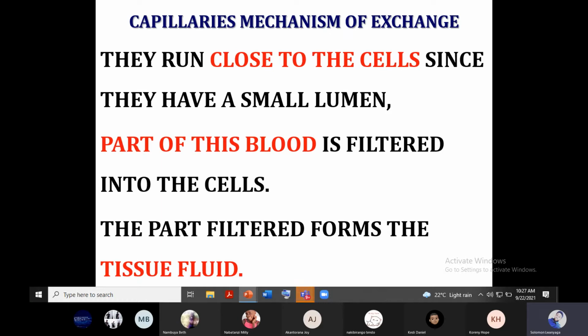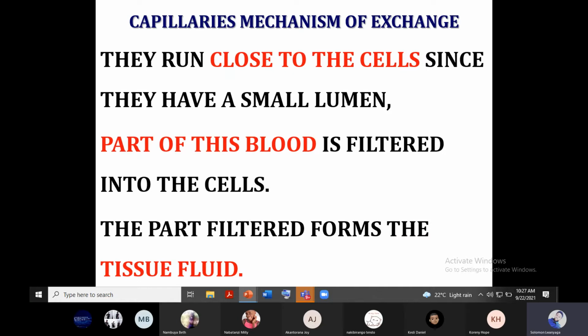Just like what happens when you're doing ultrafiltration in the kidneys. Small molecules are pushed out at the glomerulus due to the difference in pressure of the efferent arteriole and the glomerulus body of the capillaries. These small molecules that are pushed out result in what we call the tissue fluid. So what are some of the molecules pushed out?